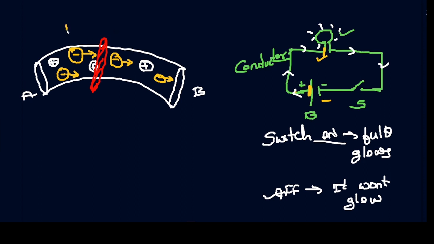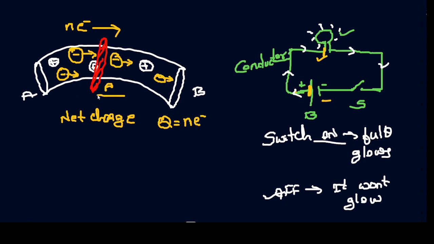For example, from A to B, n number of charges are moving through this cross section. Now, what's my net charge? Net charge here I'm considering as capital Q. Capital Q is equal to n electrons. No charges are flowing from B to A, so I'm considering that as 0. So this is the net charge flowing through this conductor, right?